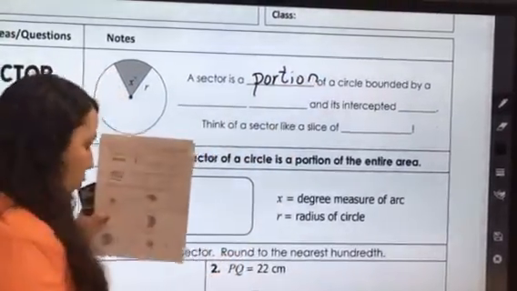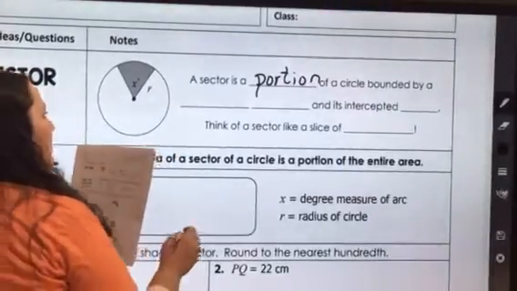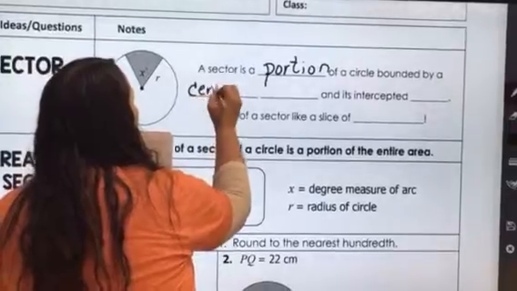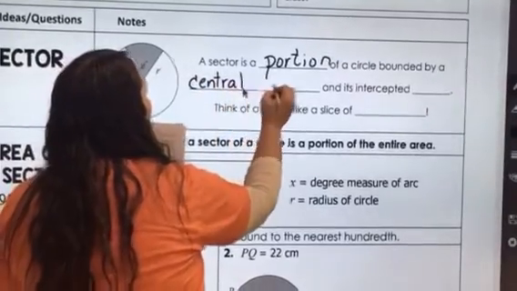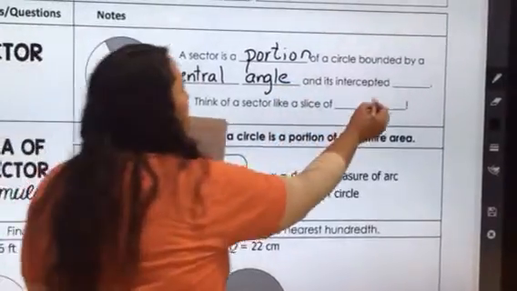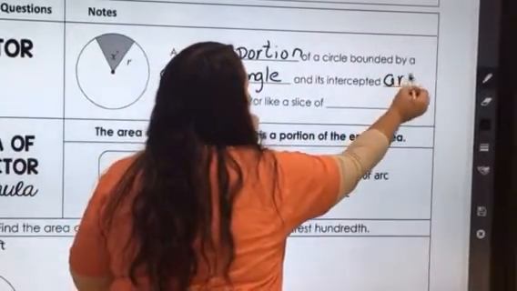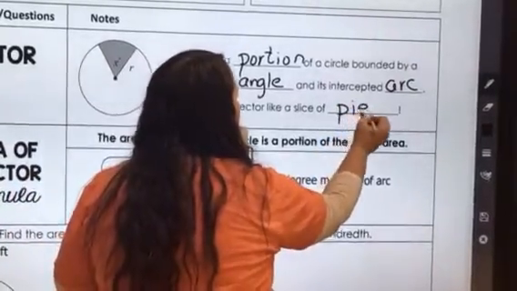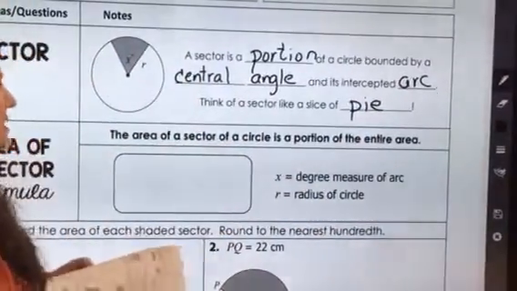A sector is a portion of a circle bounded by a central angle and its intercepted arc. So we're going to think of this as like a slice of a pizza or a slice of a pie.